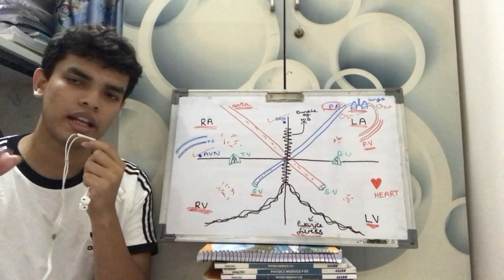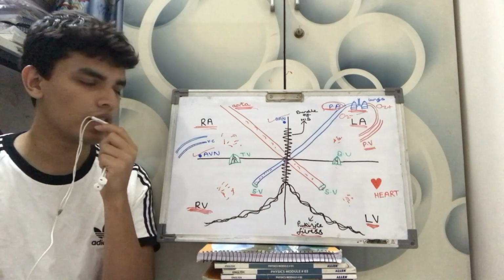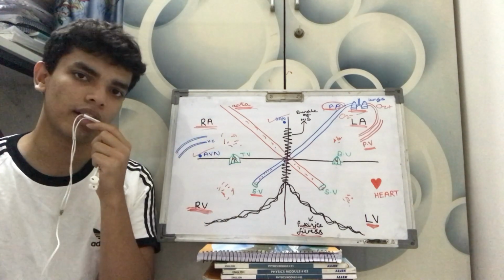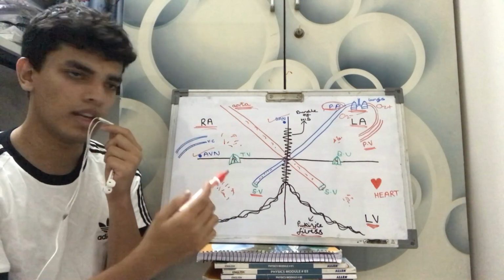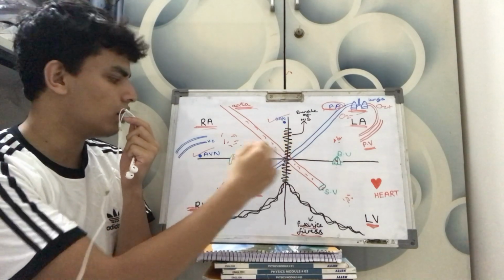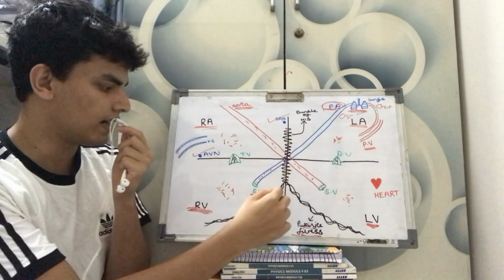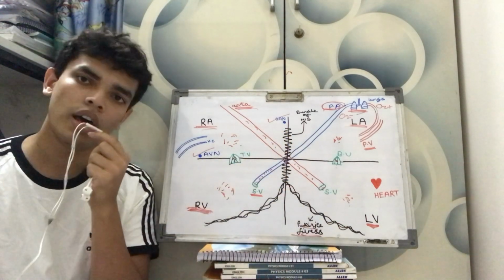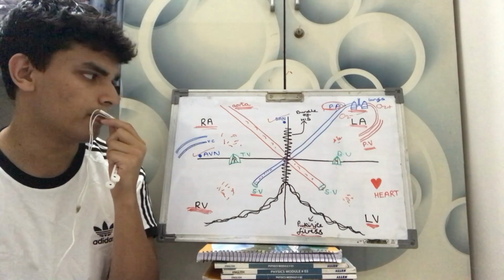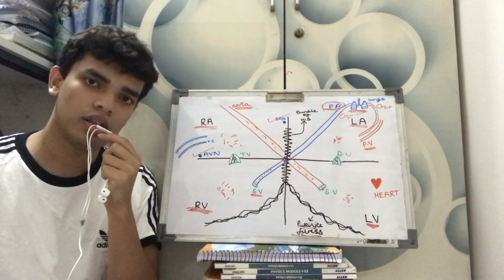The AVN also generates impulses, but in a very low amount. The main pacemaker of our heart is the SAN, the sinoatrial node. Now we will learn the function.